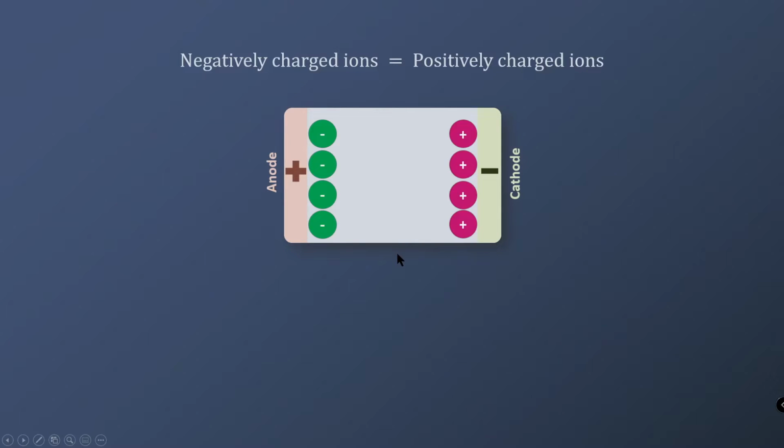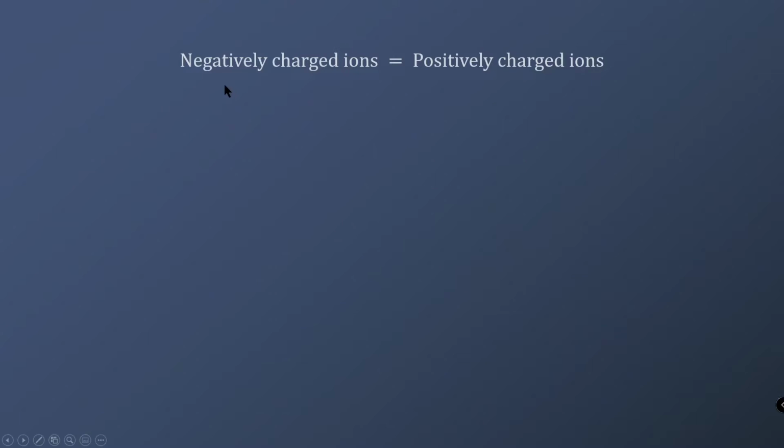Because of this, negatively charged ions, in reference to the anode, are named anions, and positively charged ions, in reference to the cathode, are called cations, right? So we can call negatively charged ions anions and positively charged ions cations, and they must be equal, right?